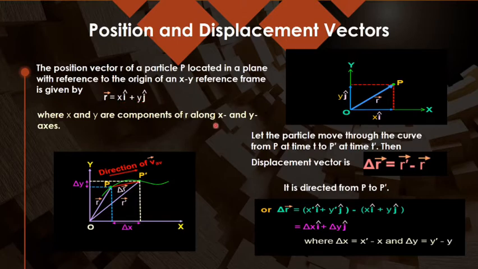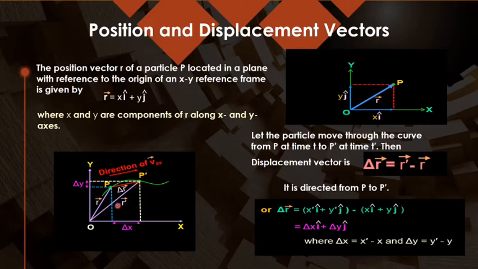Similarly, if I want to write the displacement vector, then I am moving from P to P dash. It means I am moving from the x, y position to the x dash, y dash position. Then I have to take the displacement vector, which I can find by using the triangle law. Here, if I join O to P, I get one vector, that is r vector. If I join O to P dash, I get another vector, that is r dash vector.